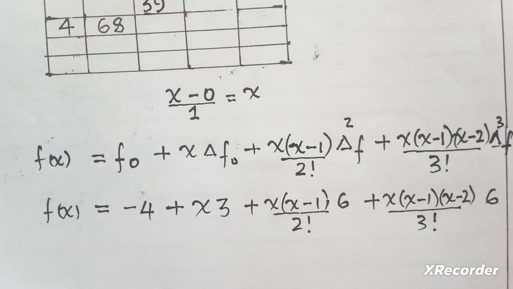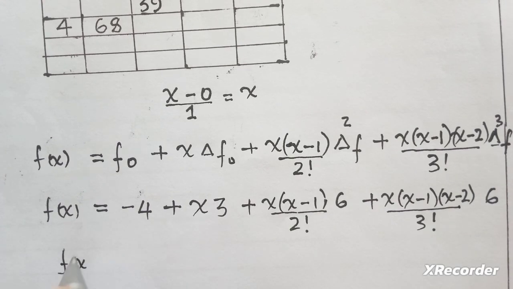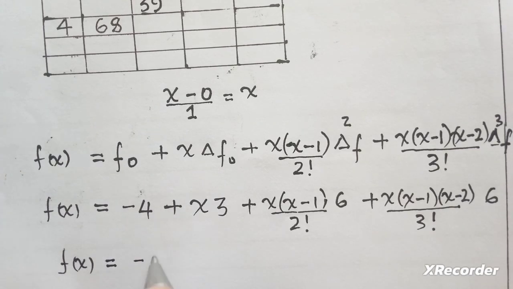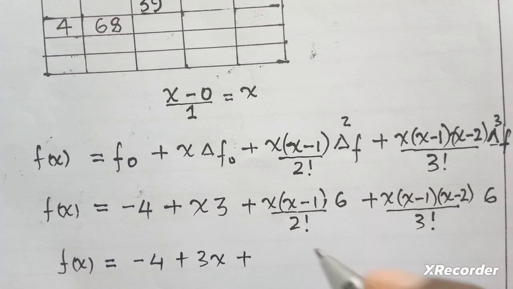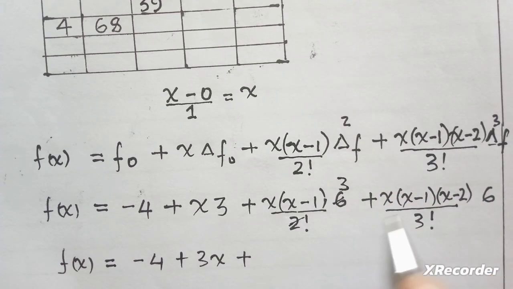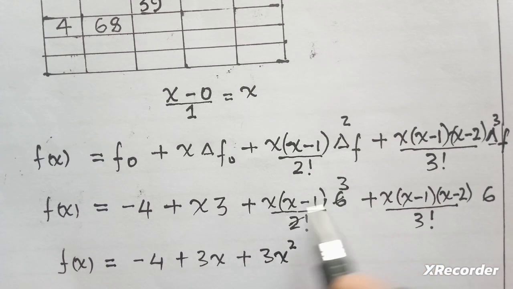I have written like that. We come and now look for the value of the equation, that is f of x, which is equal to minus 4 plus 3x. When we come here, this one will cancel and this one will be left with 3, so we shall have 3x squared minus 3x.